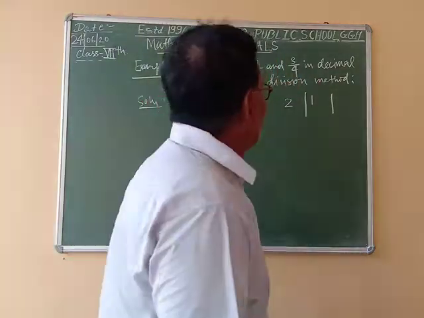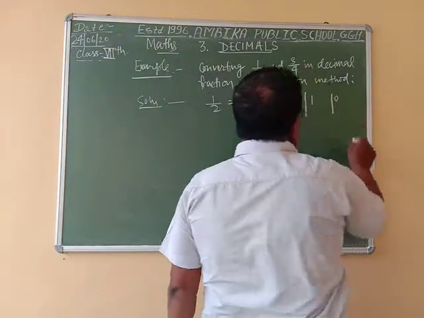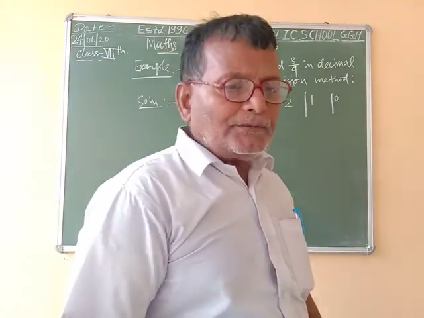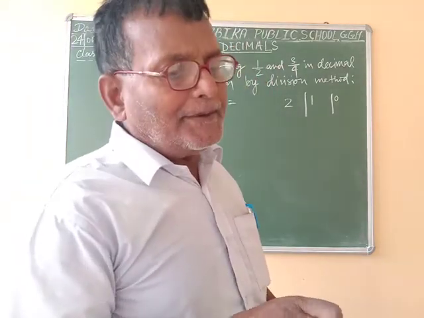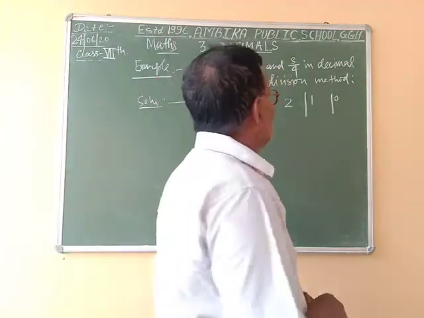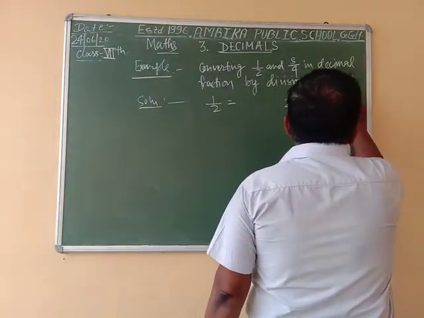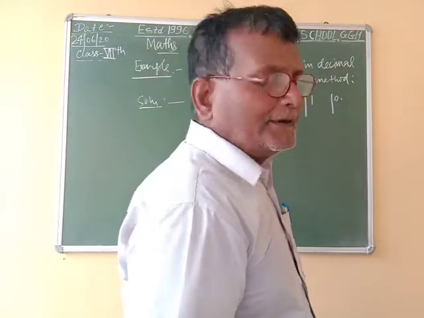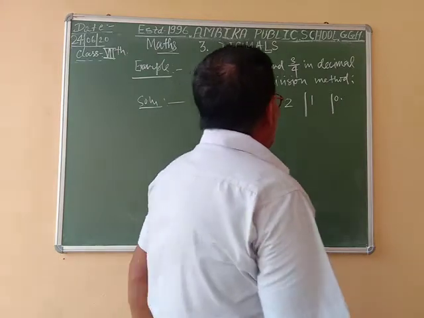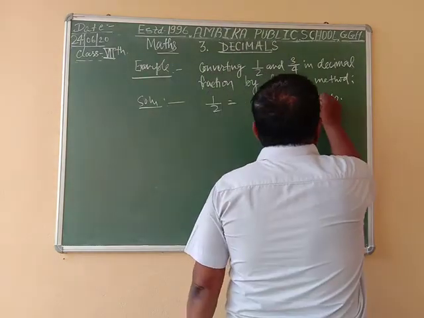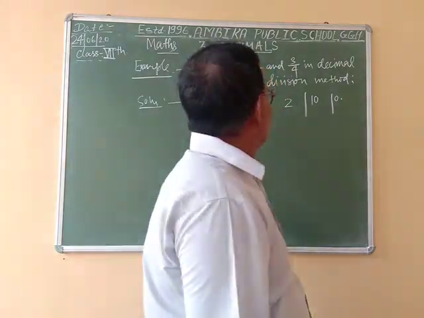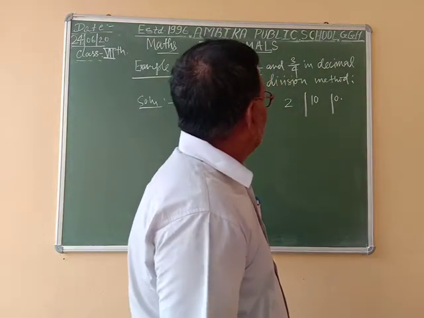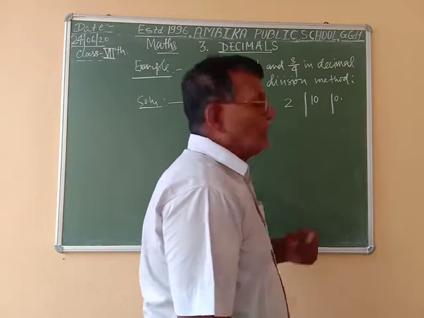Therefore, we write 0 in the quotient, and after that a decimal point, 0 point, and we put 10 in the dividend, and now we divide.